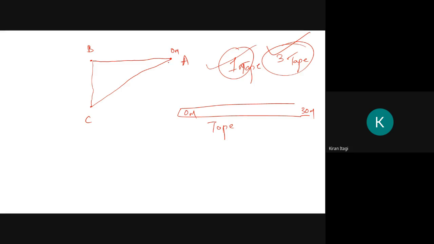So what I have done is I have moved my tape from station A to B, from B to C, and from C again to A. Correct? Then what should be the reading on the tape from here to here? Say 4 meter.